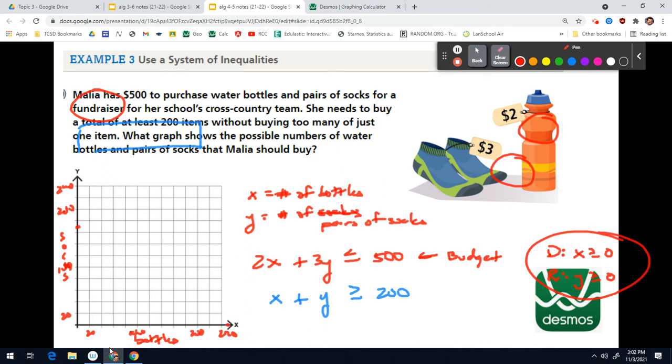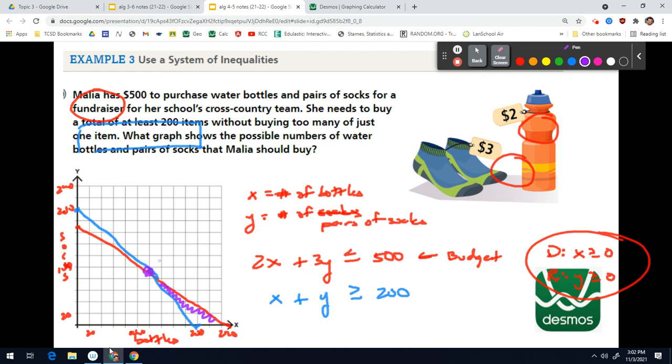And this was a solid line. And my blue was both at 200s, so 200 here, 200 here, and it was also a solid line. And then that shaded region they did in purple was right here, with the point where they intersect right around 100, 100.